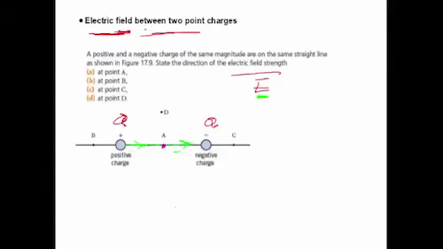For example, this is E1 due to the positive charge, another E2 due to the negative charge. So the direction for E at point A is always toward the right, because there is one due to the positive charge and another due to the negative charge.